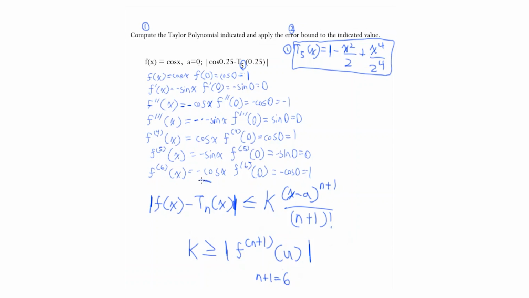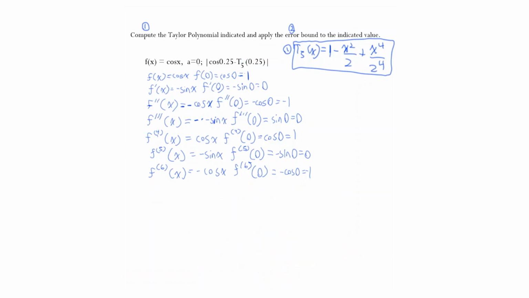But since the function is negative cosine of x, it's relatively easy to find the maximum of that. We know that the maximum of a cosine function is 1, because it's harmonic and it's just going to oscillate between 1 and -1. But because it's absolute value, we don't have to worry about that -1, we just worry about that 1. So our K, we're going to set that equal to 1, and that makes it really easy on our calculations, to be honest. And we're going to start plugging things into the formula.